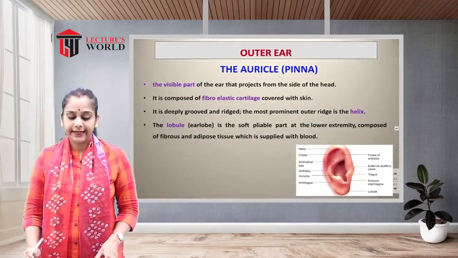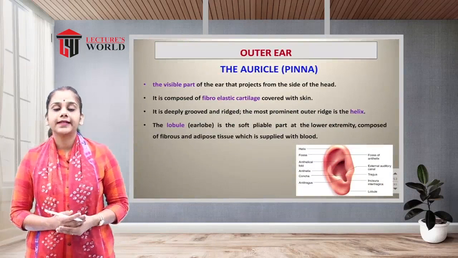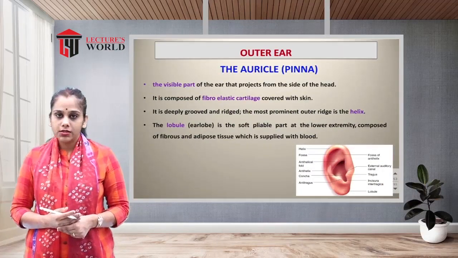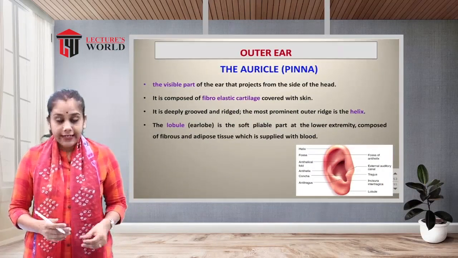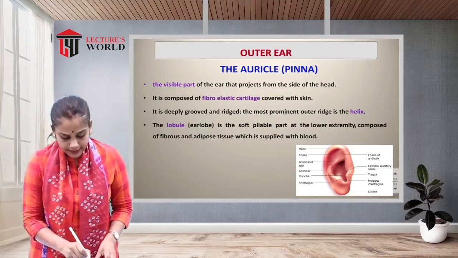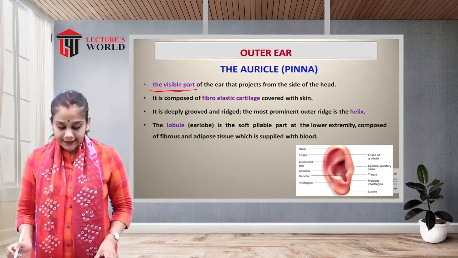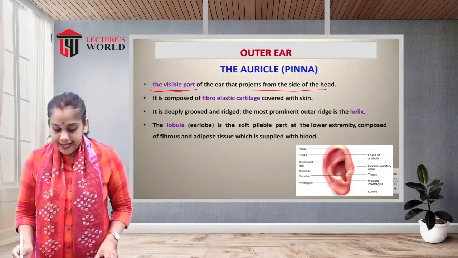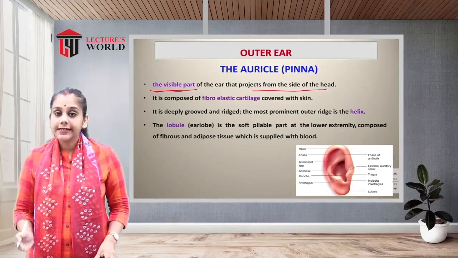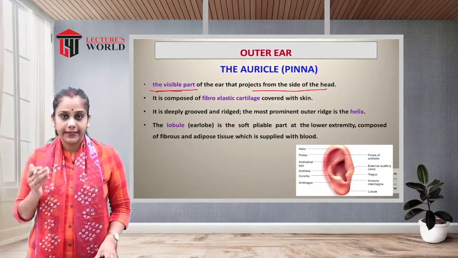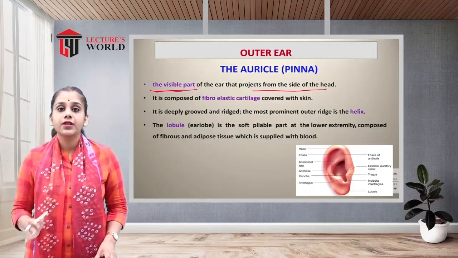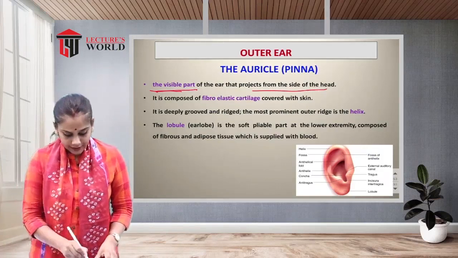Now the first part is the auricle. It is also known as the pinna. It is the visible part of the ear that projects from the side of the head.